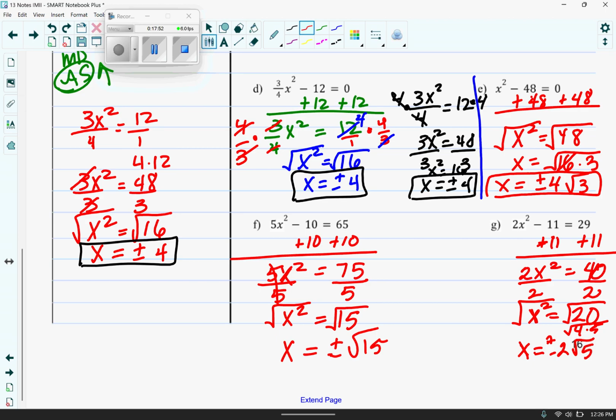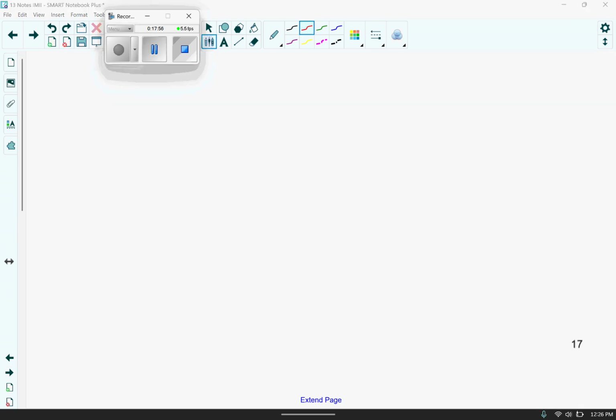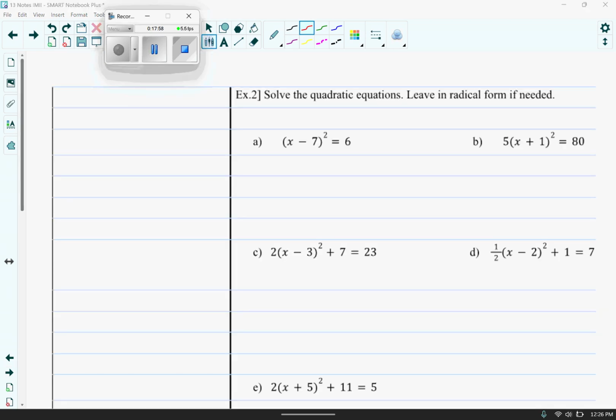Now we're going to bump it up a notch. So now over here, and you're going to see it a couple different ways, on here, we're going to get the x squared part alone. So for instance, this first one, this whole part right here is underneath the radical. So we're going to square root both sides. So now I've got x minus 7, because the square and the square root cancel, equals plus or minus radical 6.